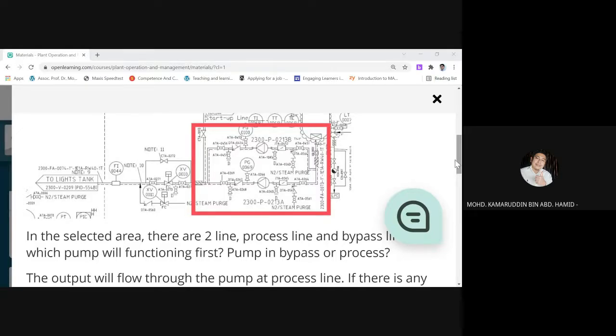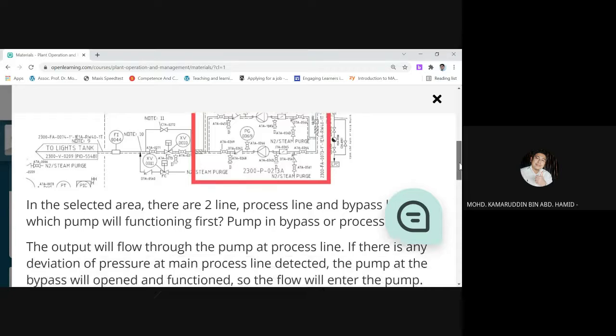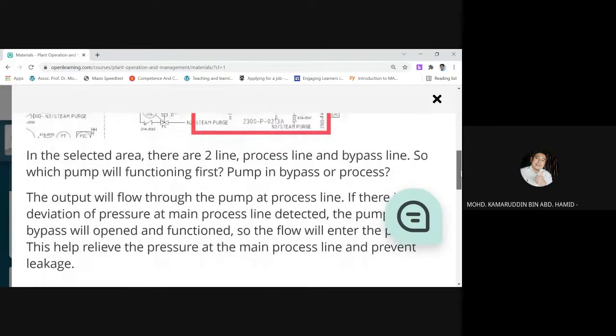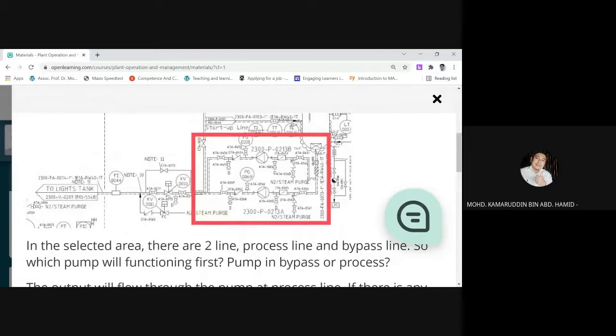Apa yang dorang jawab ni? Dan Zarif. Okay, the question still is about these two lines. You have a process line, also the bypass line. So usually during your maintenance ataupun during your startup ataupun during your shutting down process, apa yang usually you all akan guna dulu?